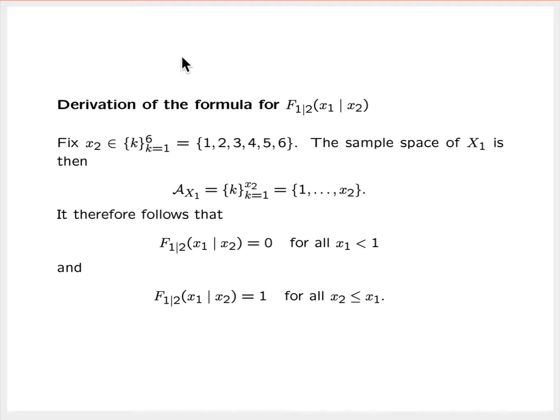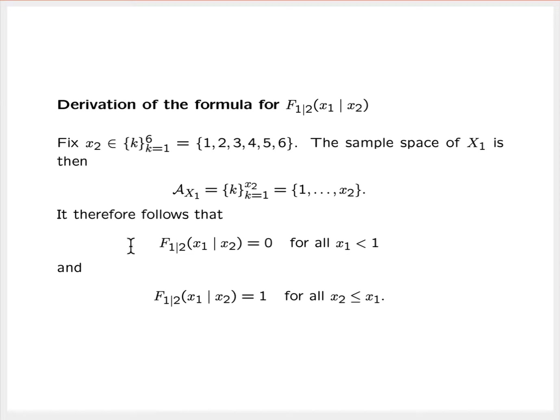Let's see how we derive the formula for this conditional CDF of x1 given x2. So let's fix the value of x2 to be one of the integers from 1 to 6, because those are the only values of x2 that we can condition on. Then for a fixed value of x2 in that set, the sample space of x1 consists of the integers from 1 up to and including x2.